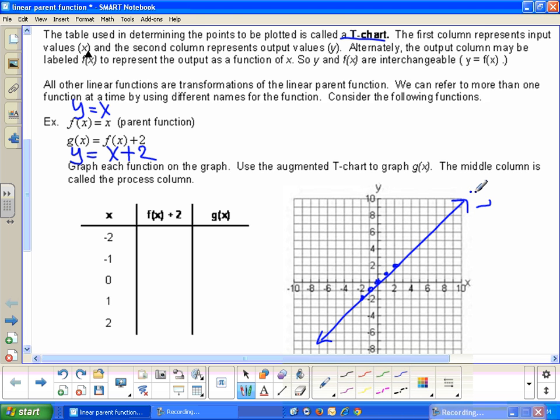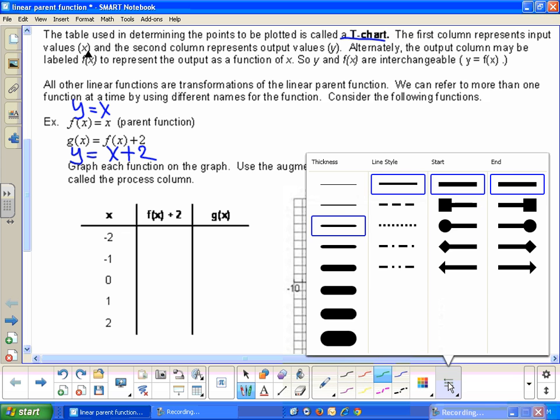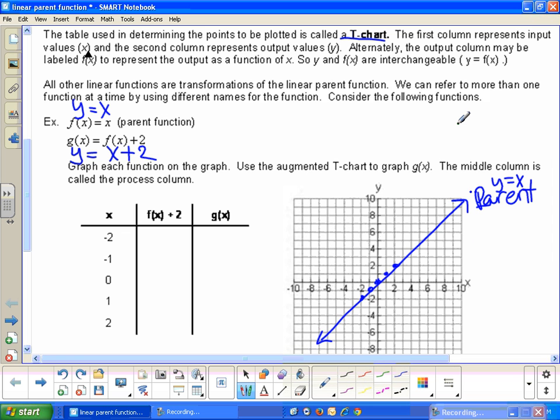And right up there, parent function. Y equals x. And then we want to see, how does this change? This is our process column, which means this is what we're thinking. This is our y. When we go to graph, we only want to graph this one and this one.